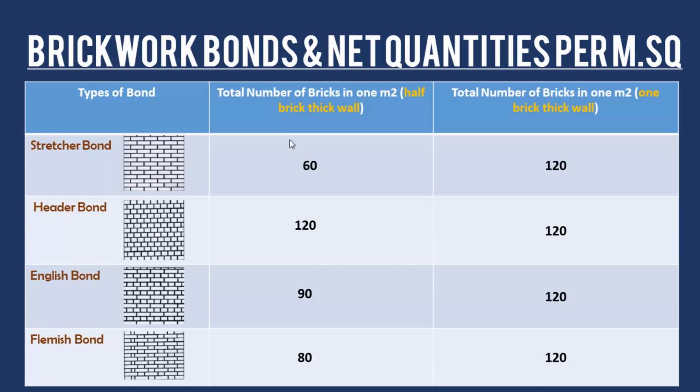In the internal wall, the thickness was a half-brick thick wall, and the type of bond is stretcher. So we need 60 bricks for each square meter of internal wall. For the external wall, the thickness of the wall is a 1-brick thick wall, and the type of bond is English. So we need 120 for each square meter of this wall.